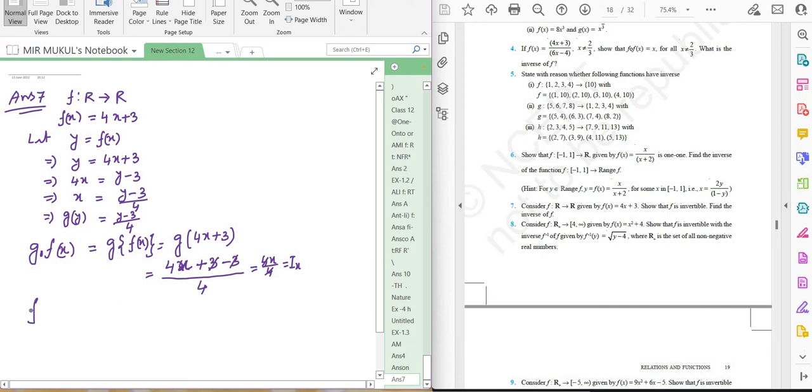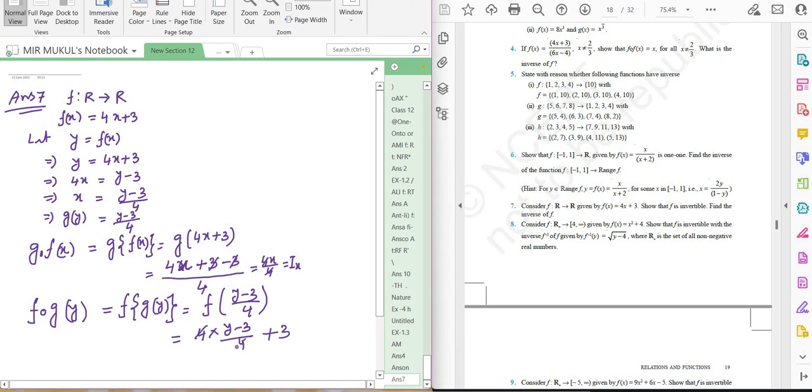Then find fog of y. So f of g(y). So g(y) we are getting y minus 3 by 4. Now f of y minus 3 upon 4 will be, putting in f, 4 into (y minus 3 upon 4) plus 3.